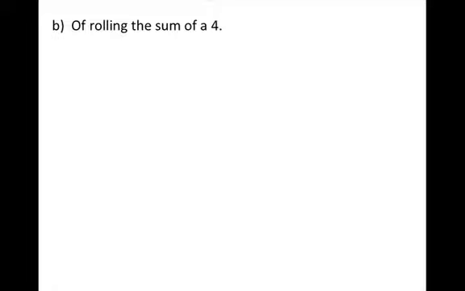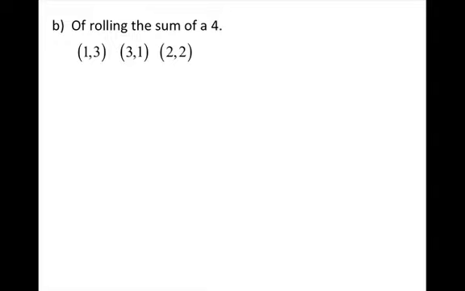Now I want to look at the probability of rolling the sum of a 4. Well, I could roll a 1 on the first die and a 3 on the second. And reverse that, I could roll a 3 on the first and a 1 on the second. Those add to give me 4. Another option is I could roll a 2 on each die.